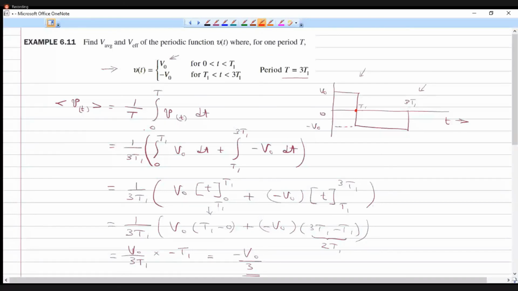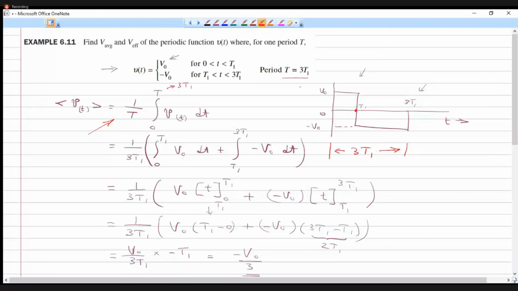So the total time period is equal to 3t1. In our formula for the average value, this T has to be replaced with 3t1. Also, for the integration, the interval 0 to the total time period will be 3t1.